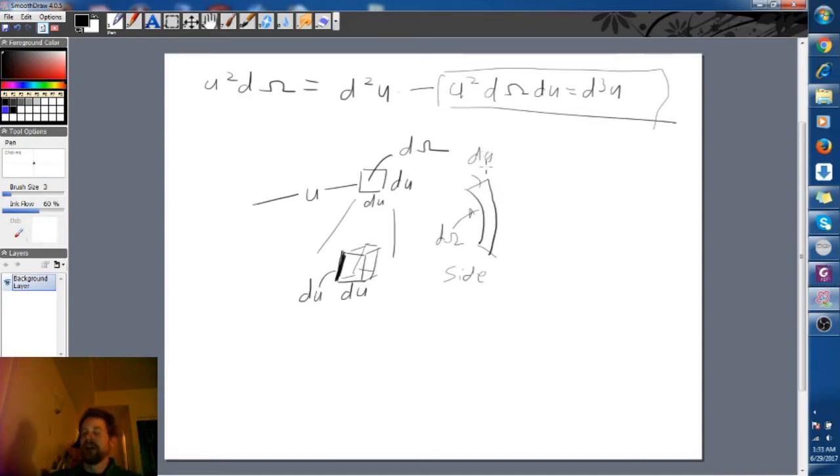It's an infinitesimally small length, so it doesn't really matter too much that this area is larger than this area, because it's only an infinitesimally small amount larger. The extended surface is only infinitesimally larger than the original surface, we can put it that way.